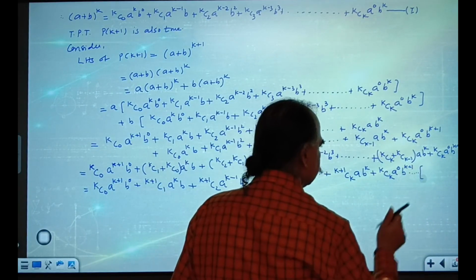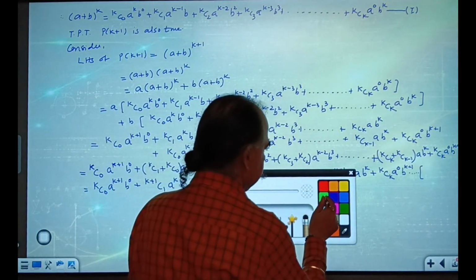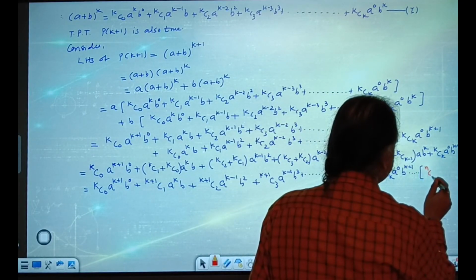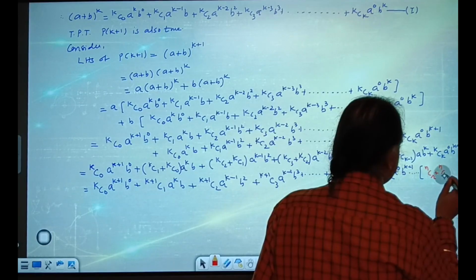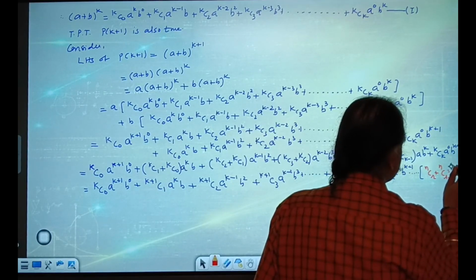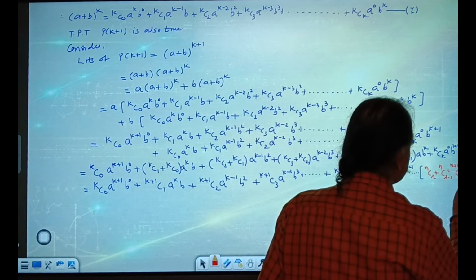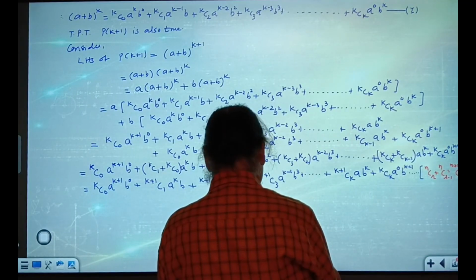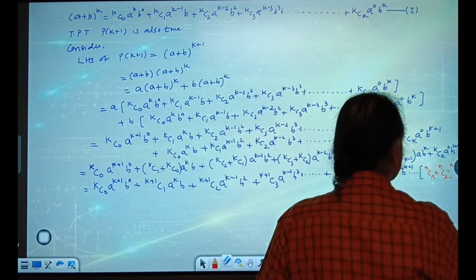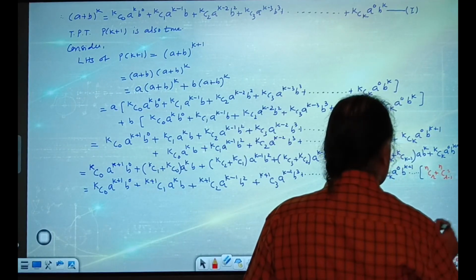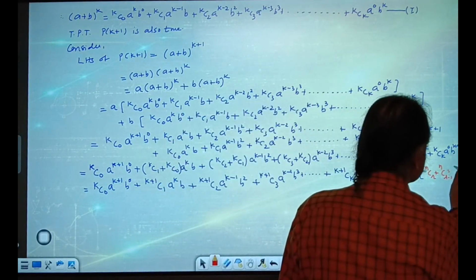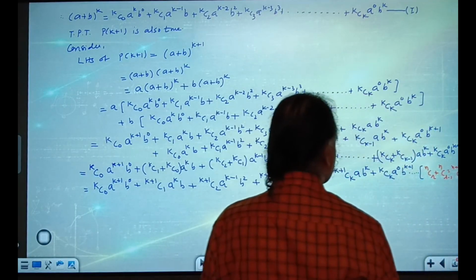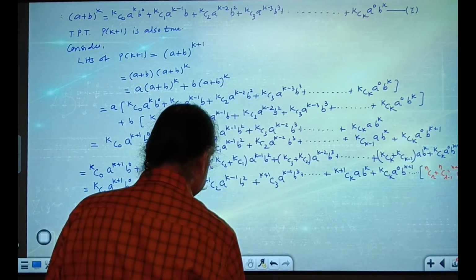The reason is NCR plus NCR minus 1 equals N plus 1 C R. This reason we have given for the statement which we have used.